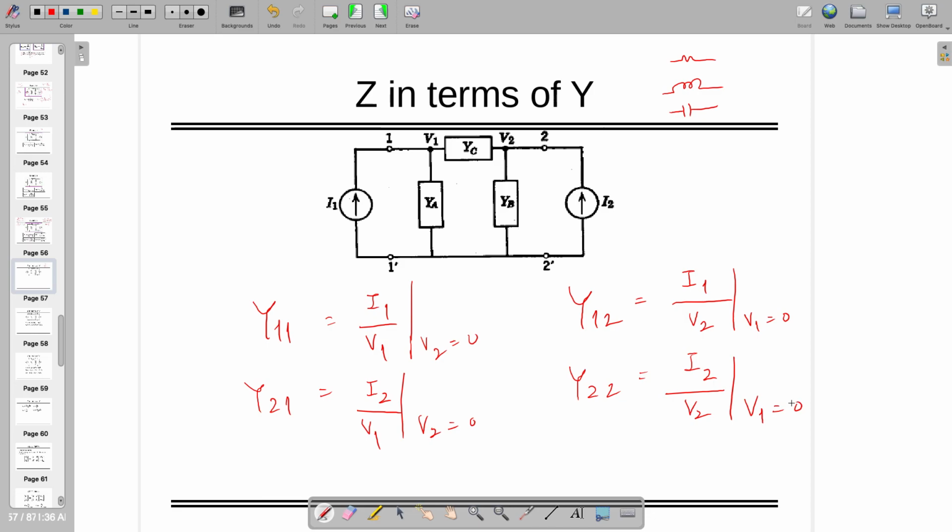So what is I1 by V1 when V2 equals 0? YA plus, okay, that much only, or what about Y12? This Y plus YC comes only when we assume that one dash is at zero potential.